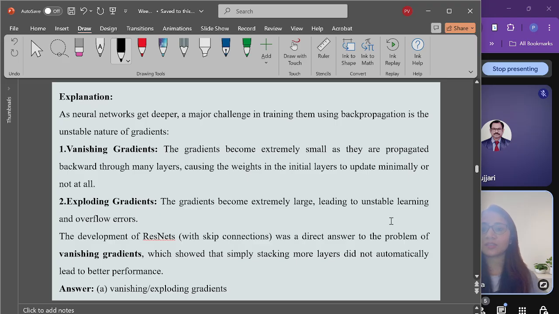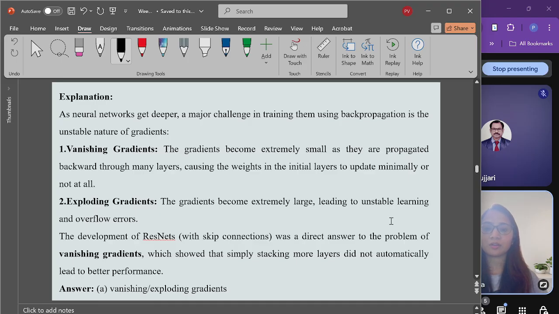The first is the vanishing gradient: the gradient becomes very small as it is propagated backward through many layers. That causes the weights in the initial layers to update minimally or not at all. And the second problem is exploding gradients. The gradients become extremely large, leading to unstable learning and overflow errors.